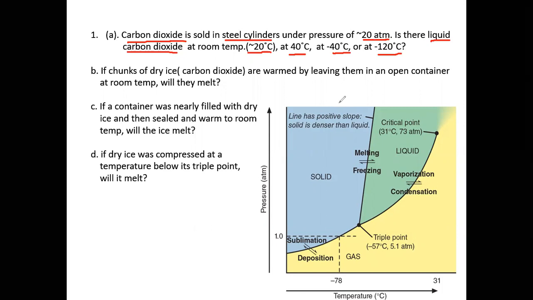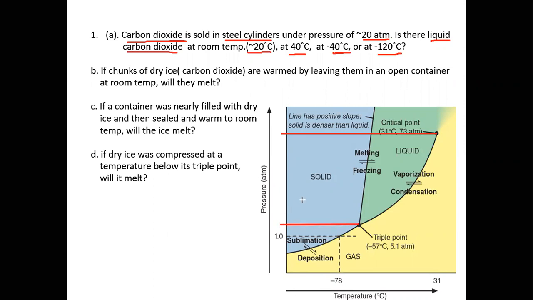So first off, what we need to do is determine where 20 atmospheres is. The critical point is at 73 atmospheres. That's about there. The triple point is at 5 atmospheres, which is about there.